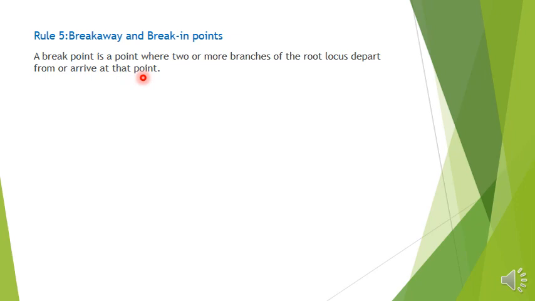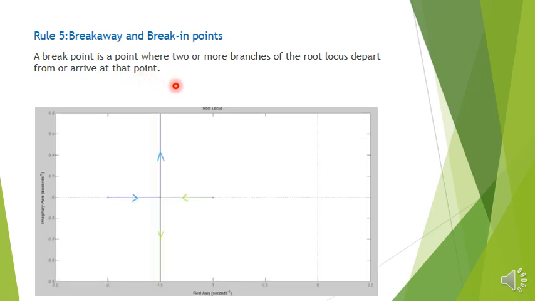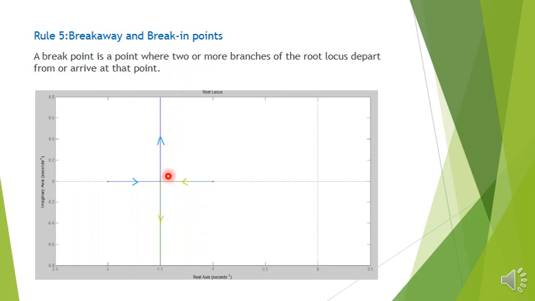If we consider this, this is the point where two branches depart. One branch starts from this open loop pole and another starts from this open loop pole. But there are no terminating points, no zero exists. So somewhere it will take a deviation, depart. So this point is called a break point.